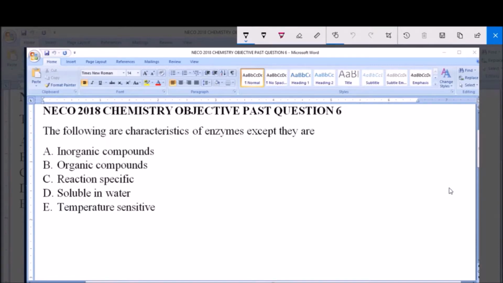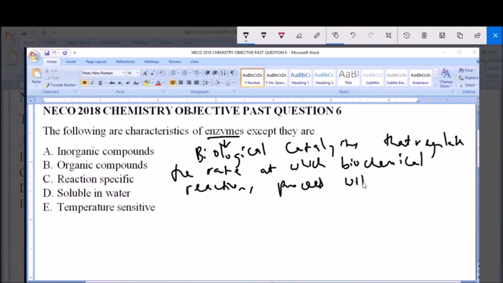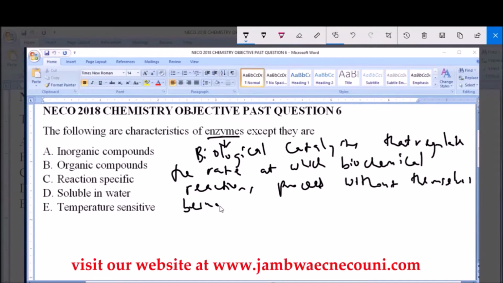So the definition of enzymes is that enzymes are biological catalysts that regulate the rate at which biochemical reactions proceed without themselves being altered.